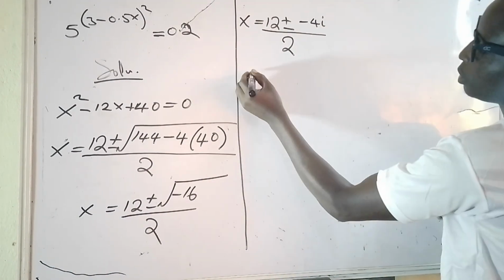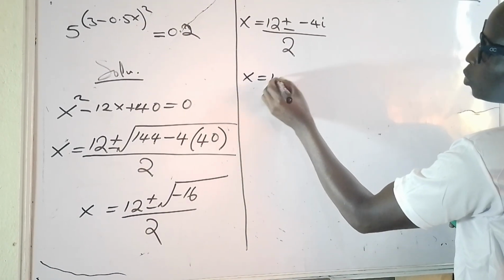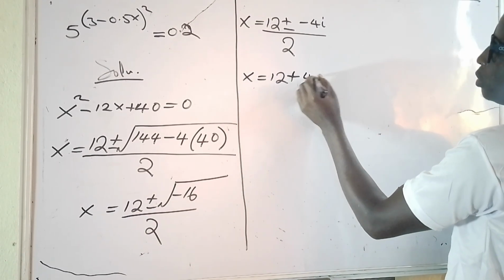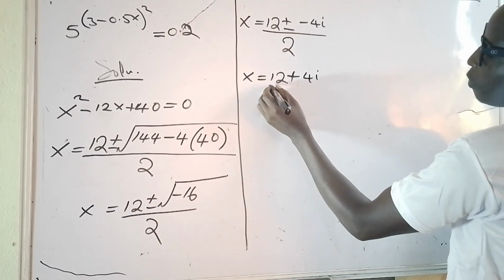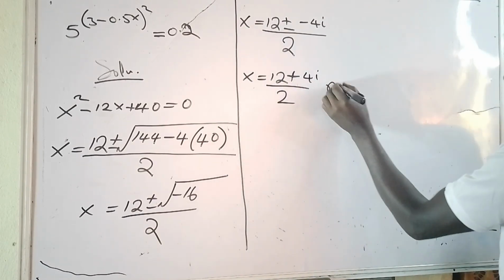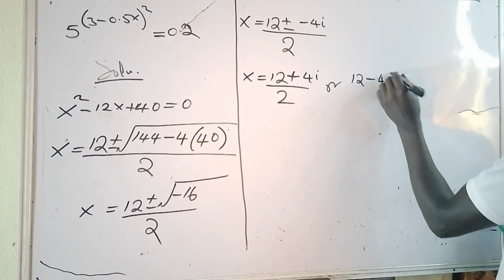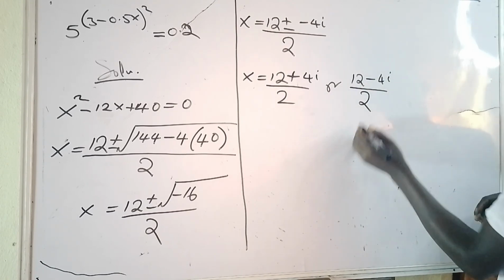So x is now equal to 12 plus 4i, everything over 2, or 12 minus 4i, everything over 2.